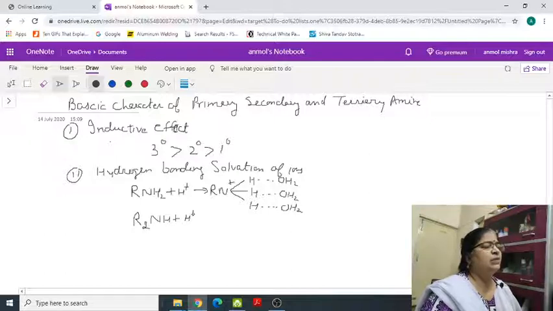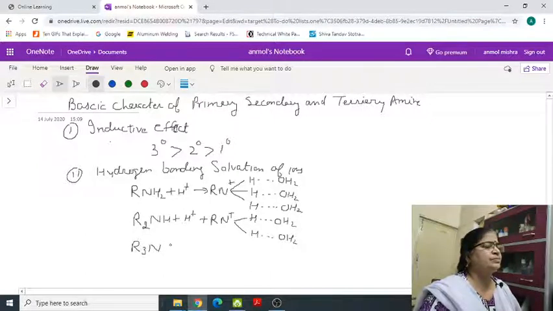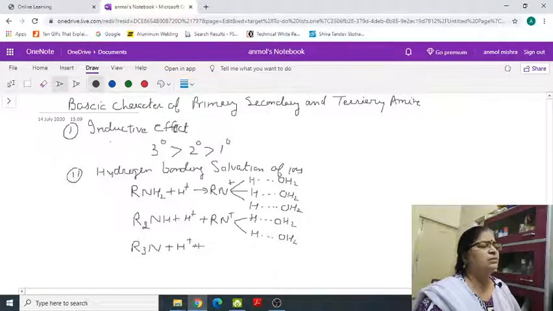Secondary amine will form 2 hydrogen bonding and tertiary can form 1 hydrogen bonding.